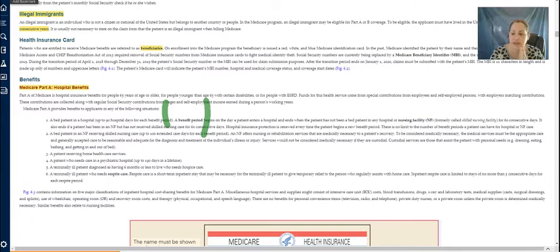And it ends when I go home from the hospital. But it doesn't stop there. It doesn't end until I have been home for 60 consecutive days. So if we send a patient home and they come back to the hospital during those 60 days, we're in the same benefit period.